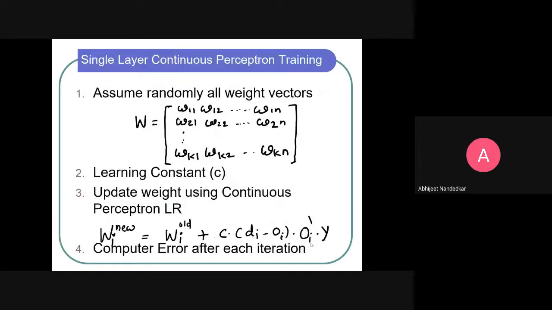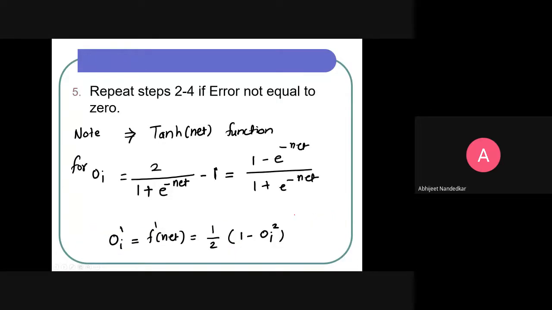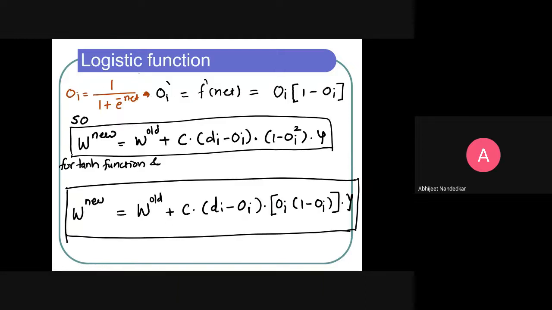When you go to continuous kind of perceptron, you have to change your rule a little bit. It is the same rule, but f dash or o dash will come into the picture, and accordingly, if you use tanh or logistic function, you have to take into account this f dash quantity here. You have to change your learning rule a little bit.